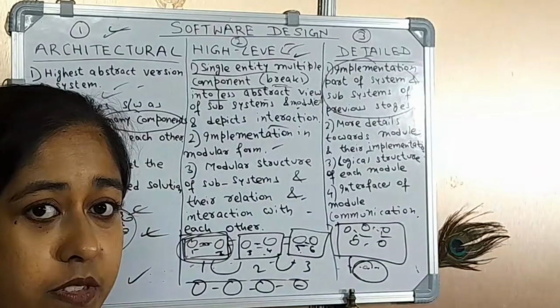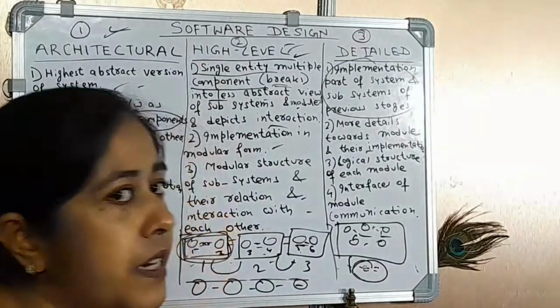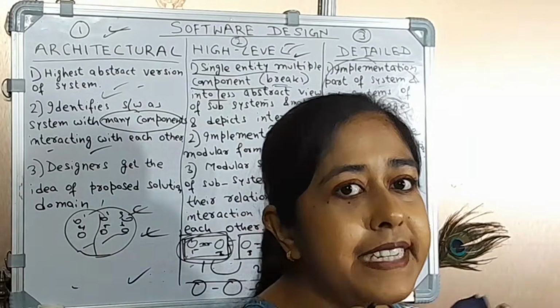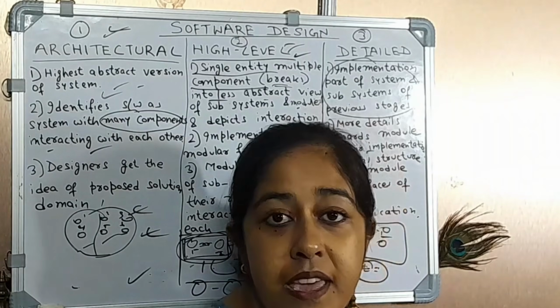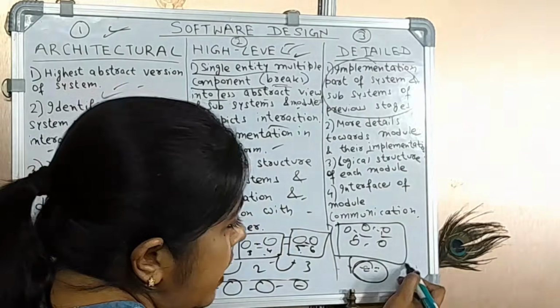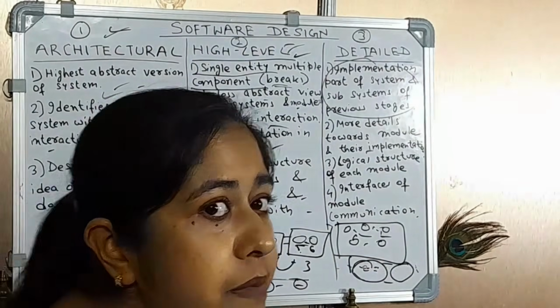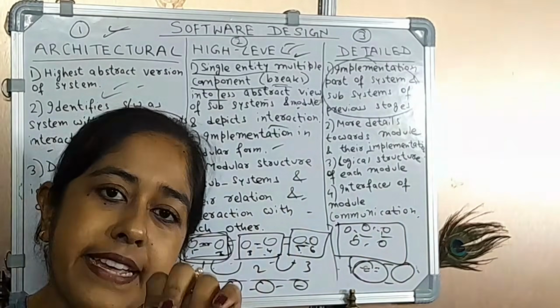The interaction and interdependability between those components inside the module is cohesion. And what is coupling? When two particular modules are there, the interdependability between those two modules is known as coupling.